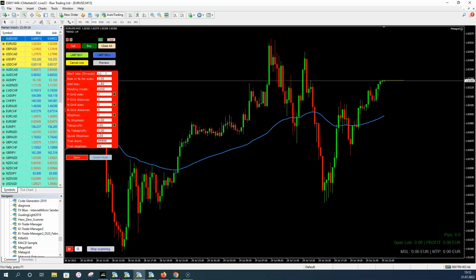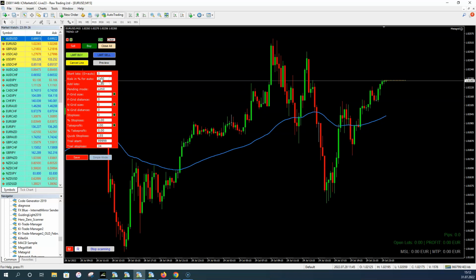Firstly, you can decide a static lot size, for example only a very small lot size, or you want to go with the risk in percent for auto. Then this means that the EA always uses 2% risk.